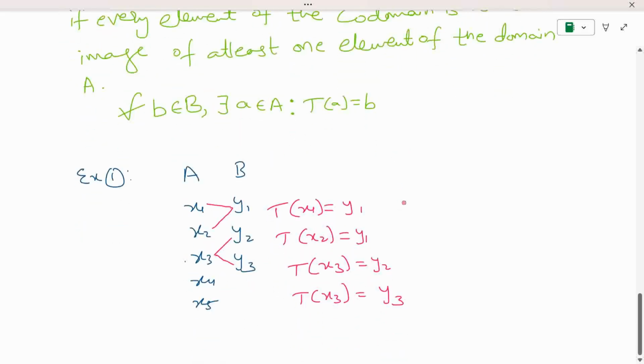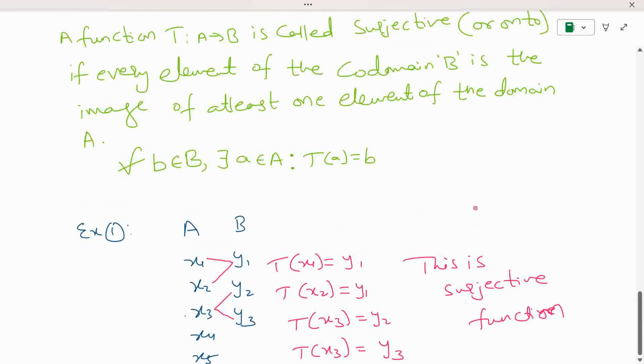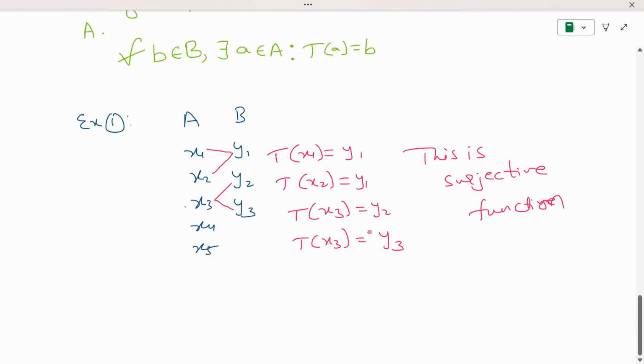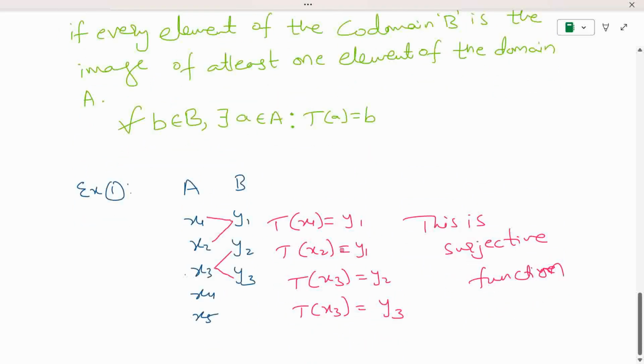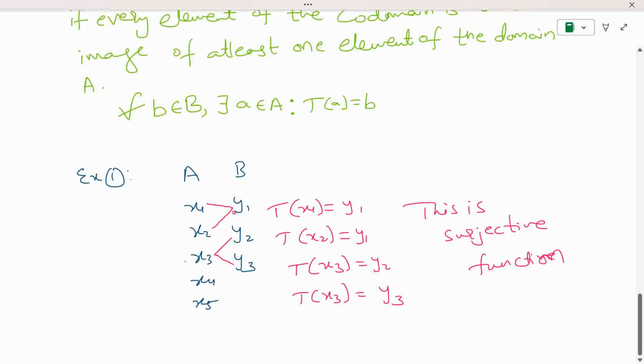So this is a surjective function. But if you check whether it is injective or not, you can say that it is not injective because T of x1 equal to y1 and T of x2 is also y1.